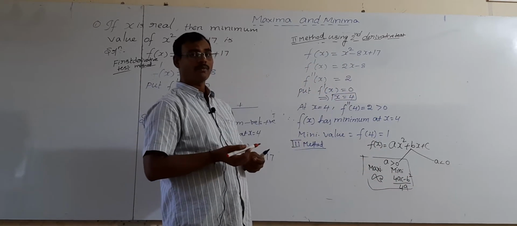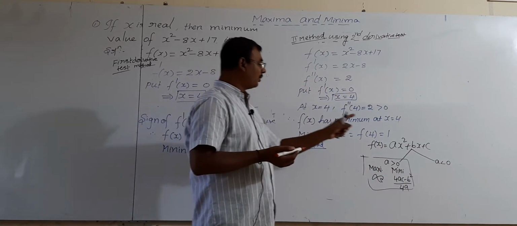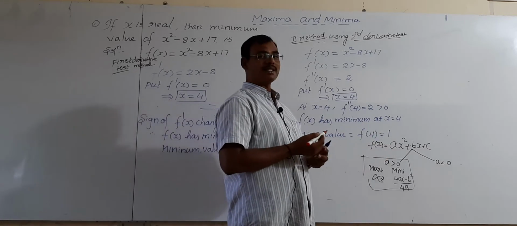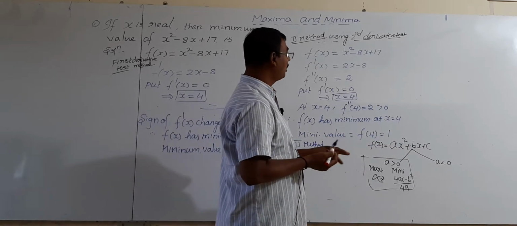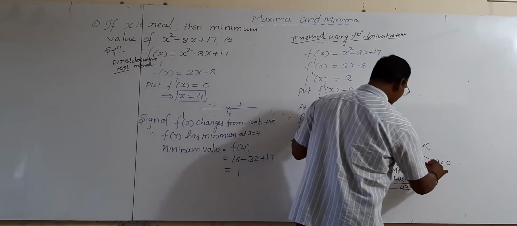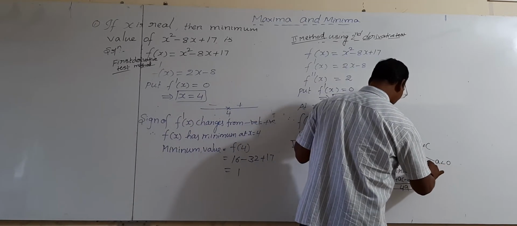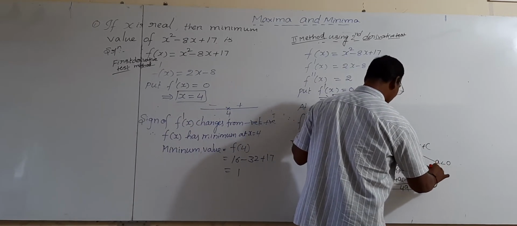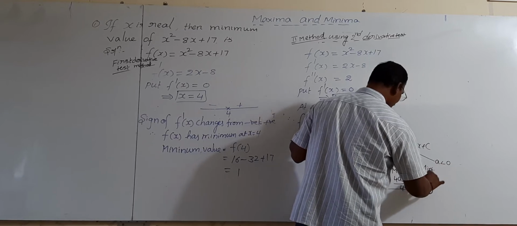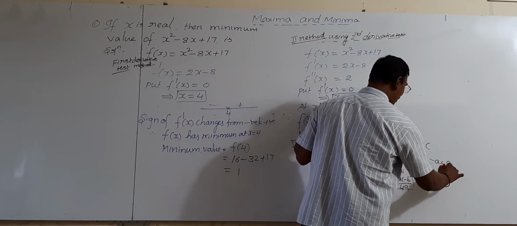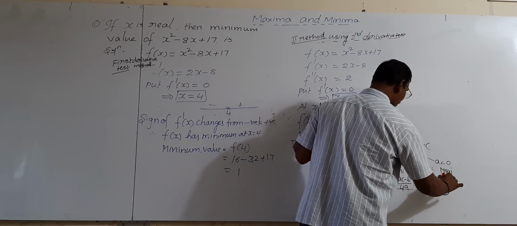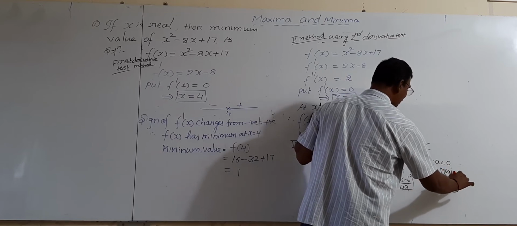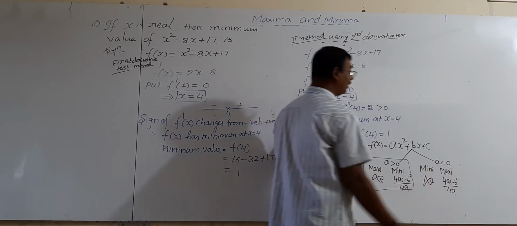If the coefficient of x square is less than 0, what is the minimum in this case? Minimum is always infinity, and maximum is equal to 4ac minus b square divided by 4a.